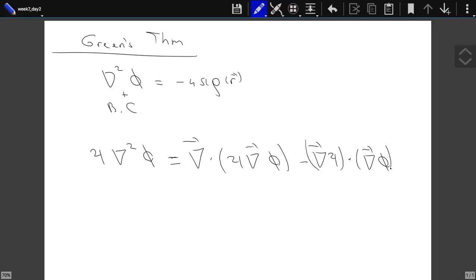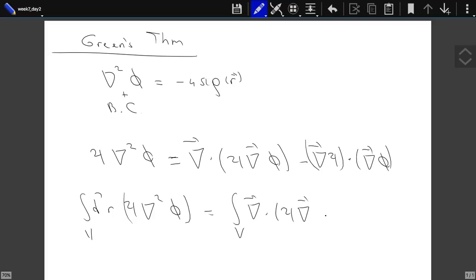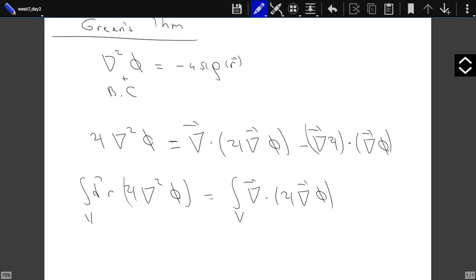Now the idea is just to integrate this over a given volume, d cubed r. This should be equal to the integral, again over the same volume, of the divergence of psi gradient phi minus gradient of psi gradient of phi.